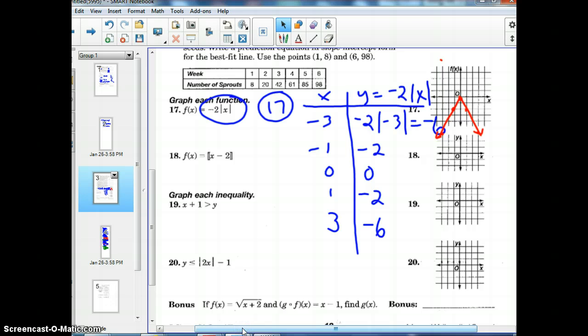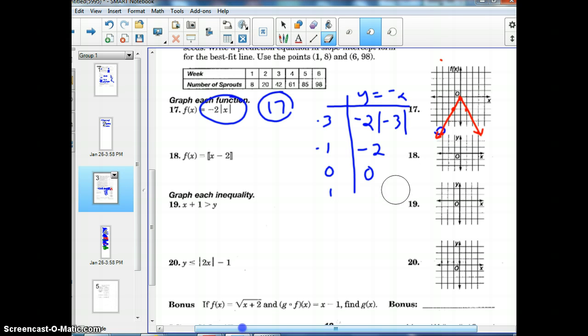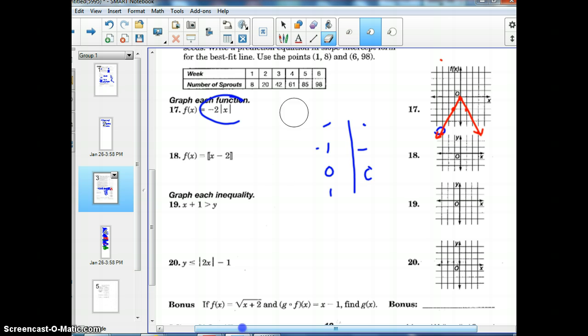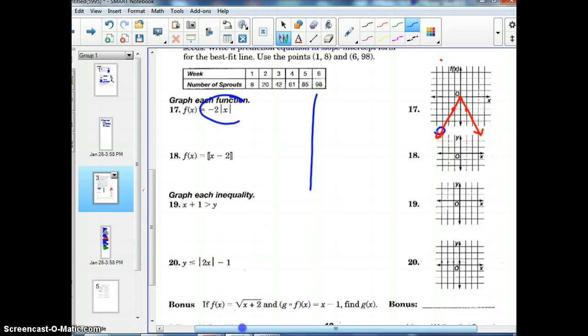For number 18, this is a step function, and if you recall, we have our x values and we have our y values, and the x values are actually an interval.